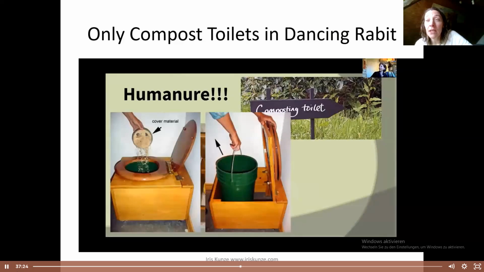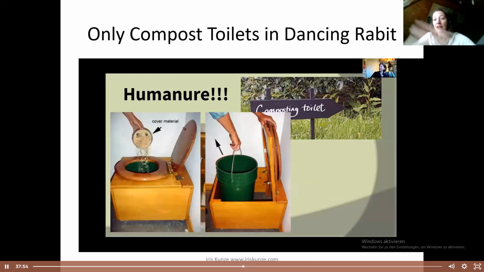Yeah, so in Ecovillage Siebenlinden, where we have 450 inhabitants plus 6,000 guests a year, we have been using only compost toilets for more than 25 years. This poop will be collected in the forest. Everyone has to empty these buckets on their own and bring it to a station.